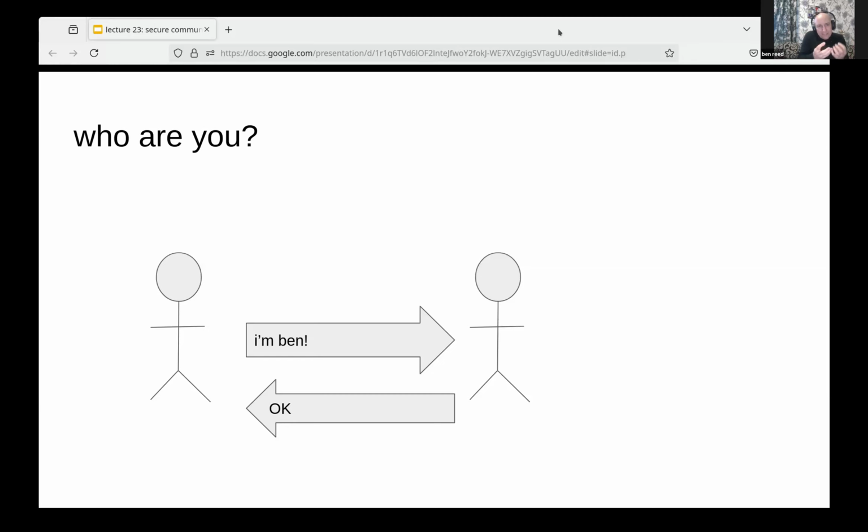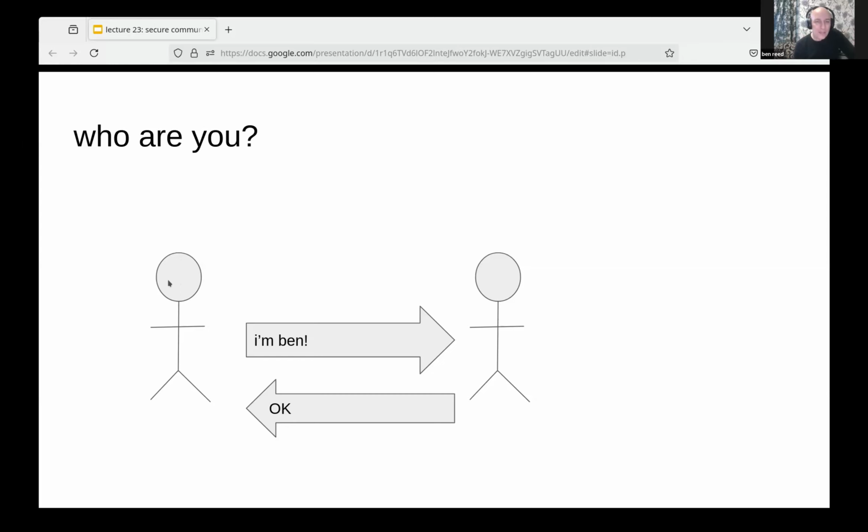So we need to find a way to establish that we're communicating with the person that we think we're communicating with over the network. Let's take this example here. Imagine this is a distributed system where you have two people. I have very simple art in this, right?